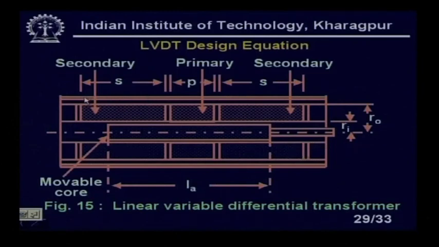The length of the secondary we have called S, and the length of the primary P, two identical secondaries of equal length. Ri and Ro are the inner and outer radii of the LVDT assembly, and La is the length of the armature, or length of the core. This is our movable core, please note.